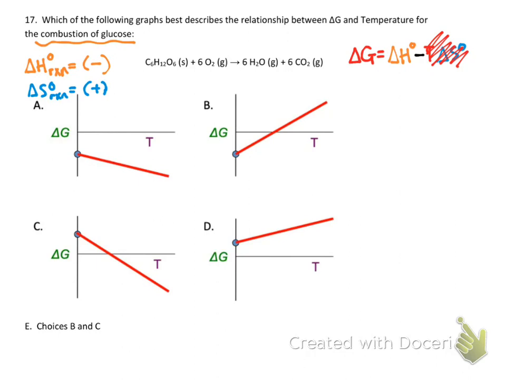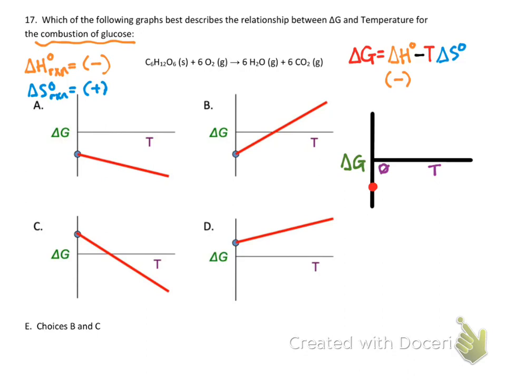Since this is negative, that means that if we're making a plot where delta G is on the y-axis and temperature is on the x-axis, at the 0 point, our free energy is going to be negative.